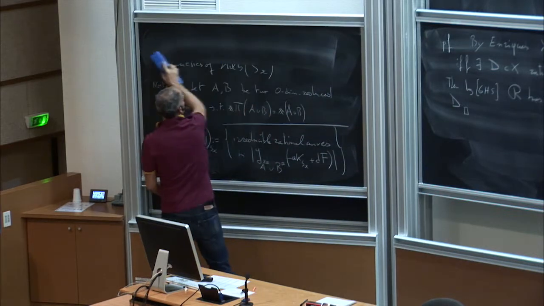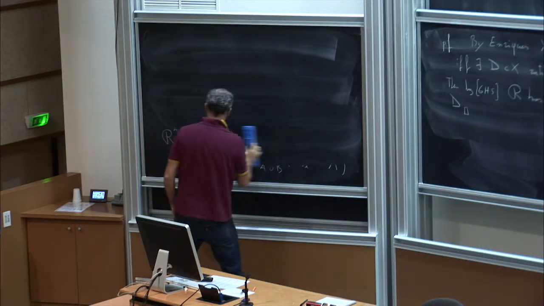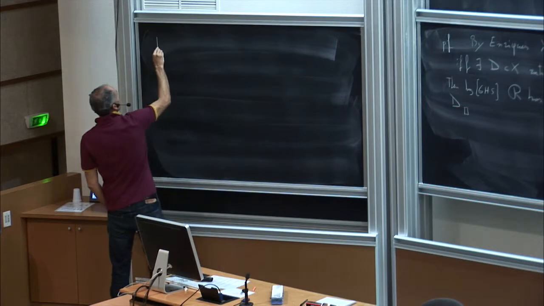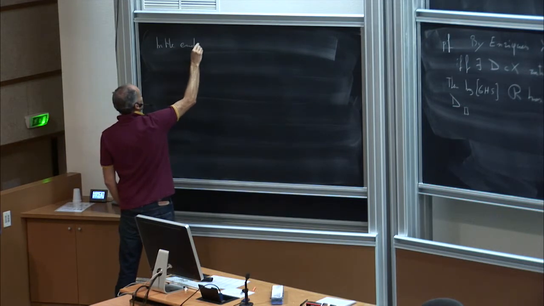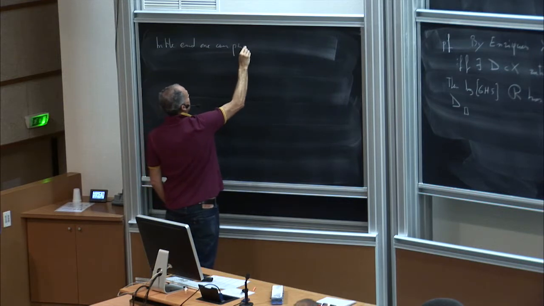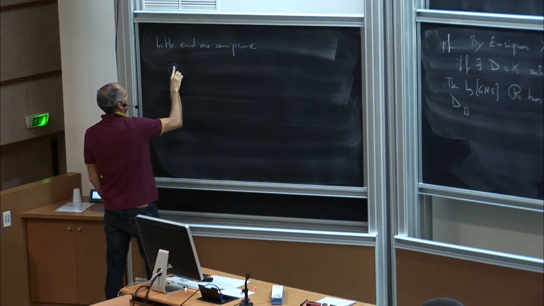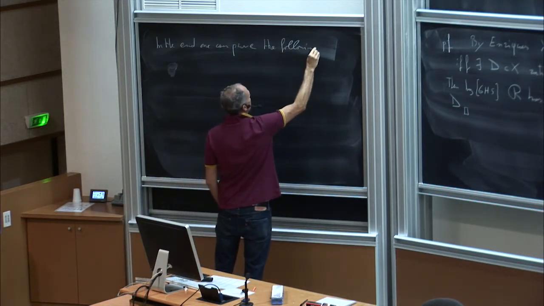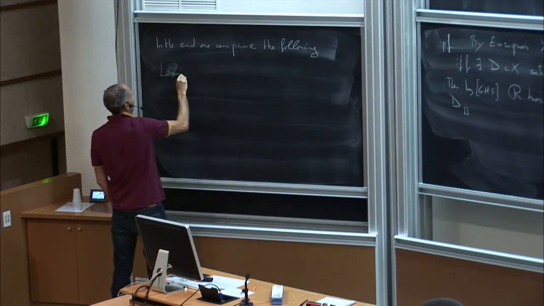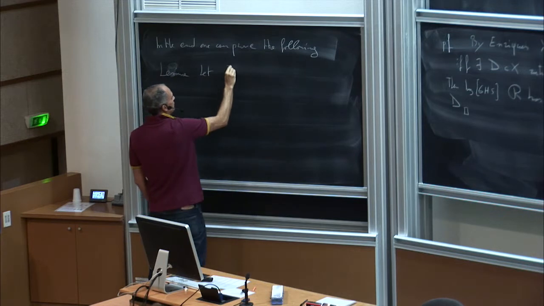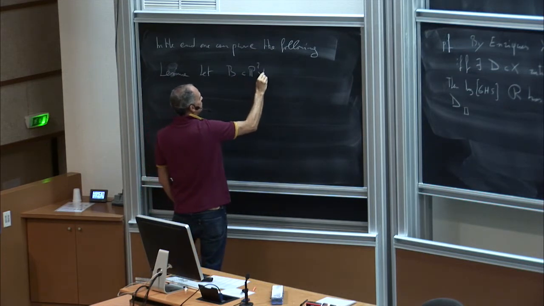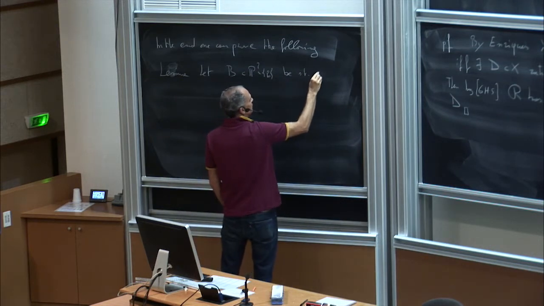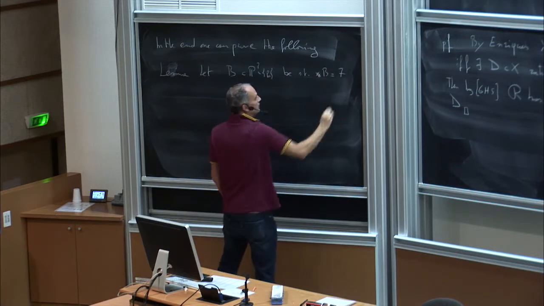But in the end, one can prove the following. Let me call it a lemma. Let B inside P2 minus P naught be such that the length of B is 7.